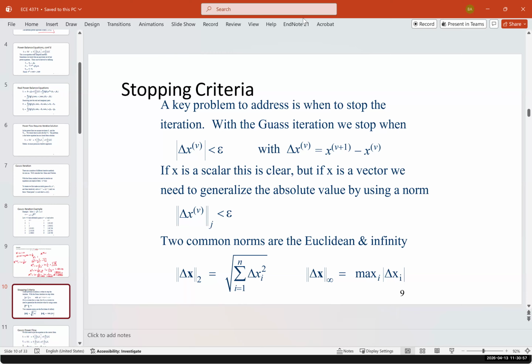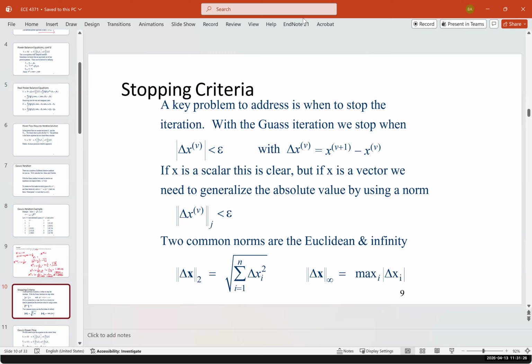So we need to set up when we want to stop the iterations, and we usually do that using this equation. With the Gauss iteration, we stop when delta x superscript v is less than epsilon, with delta x of v equal to x of v plus 1 minus x of v.